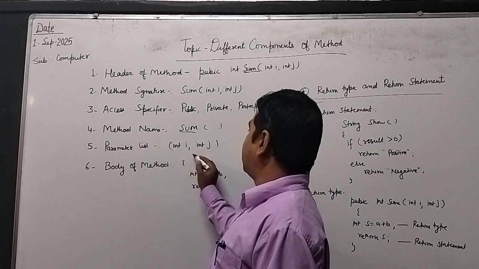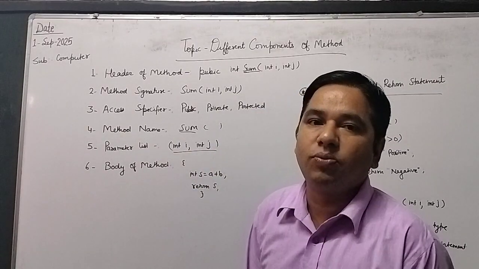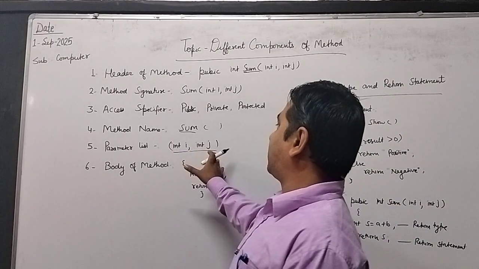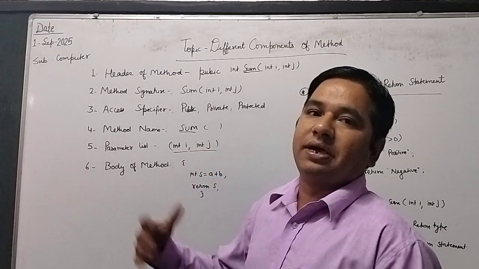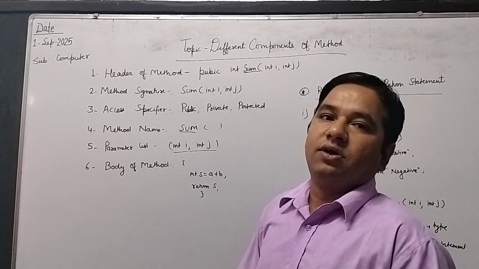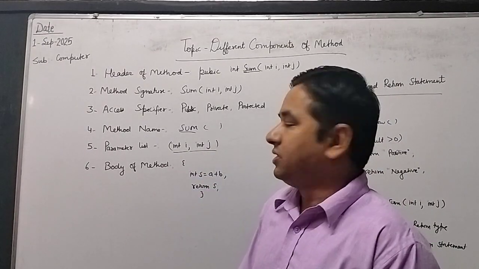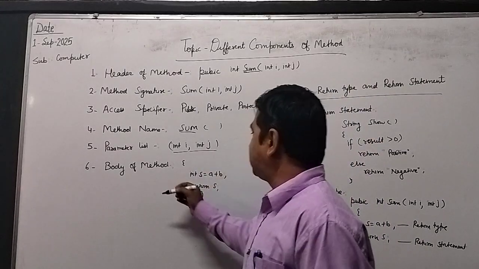Now the parameter list. Here you can see two parameters, int i and int j. These parameters are passed into the method when we call it, and they are also variables. Now the body of the method.